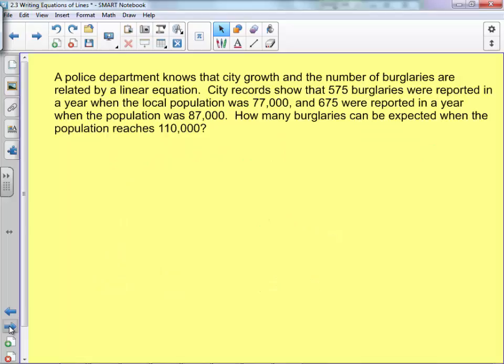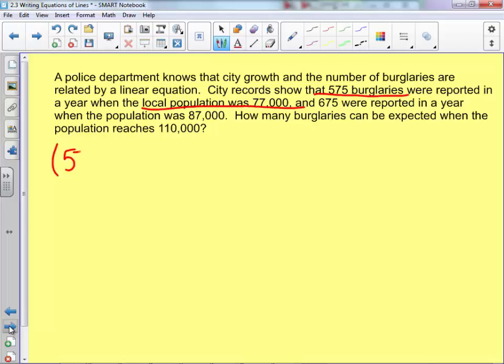Alright, so now, same idea. We're going to just use our logic here to get through this problem. So we know that there were 575 burglaries when the population was 7,700. So that is our first ordered pair.